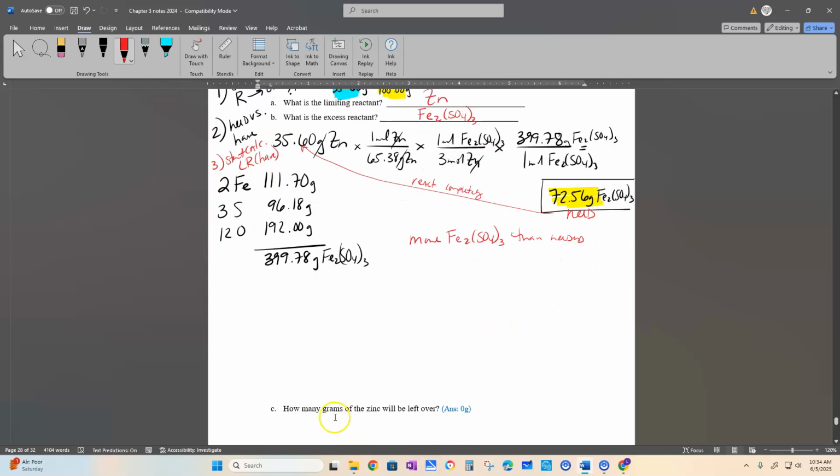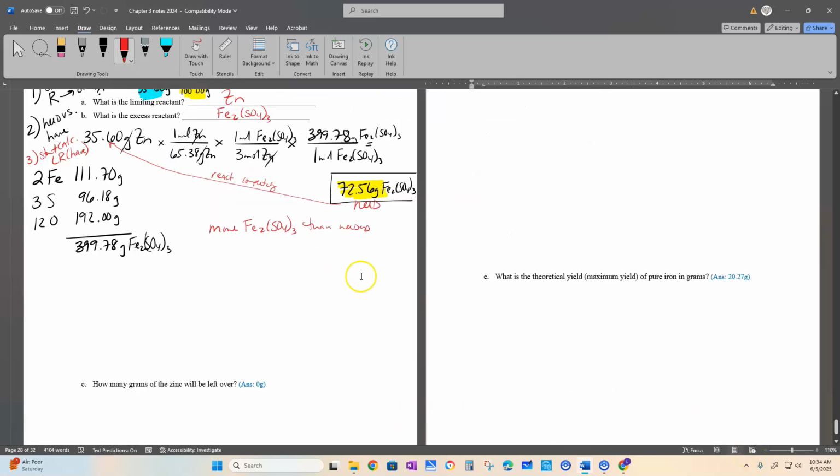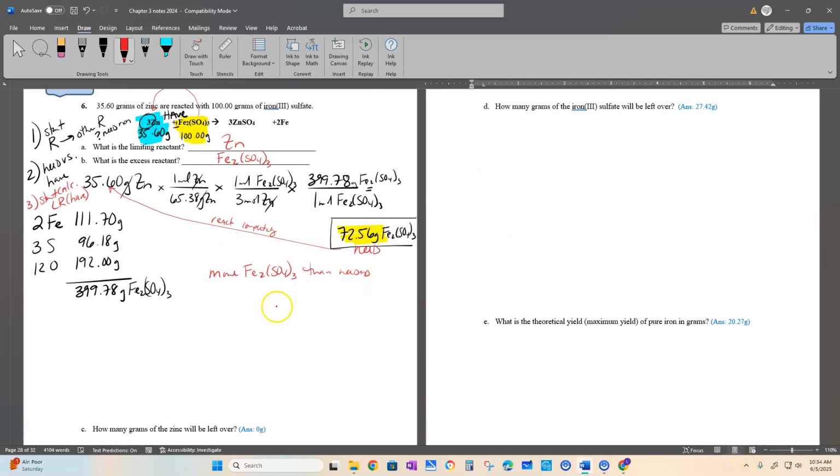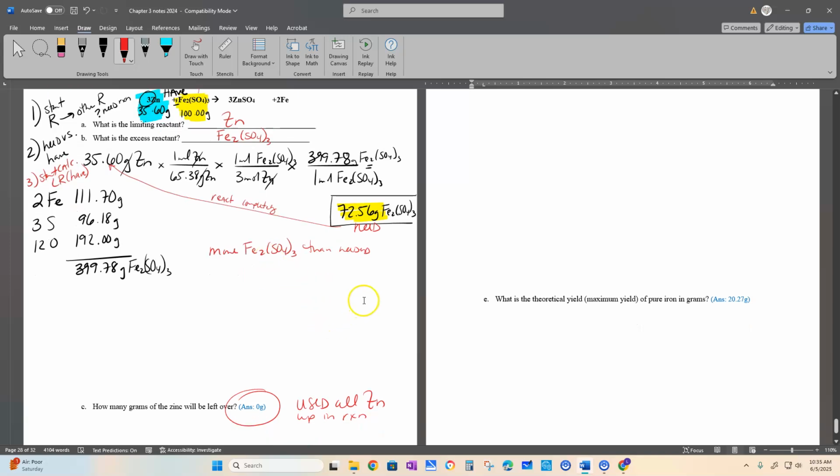So question number 2 says, how many grams of zinc are left over? Well, how many are left over? Well, none. Why? It's because you used all the zinc up in the reaction. It got used up. You have none left over. All right, well, makes sense.